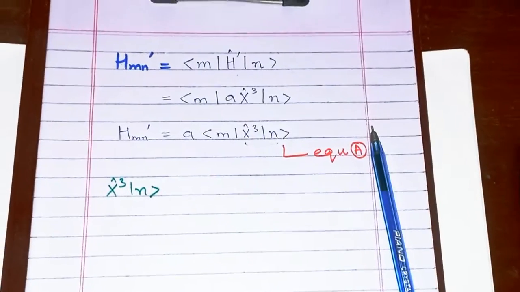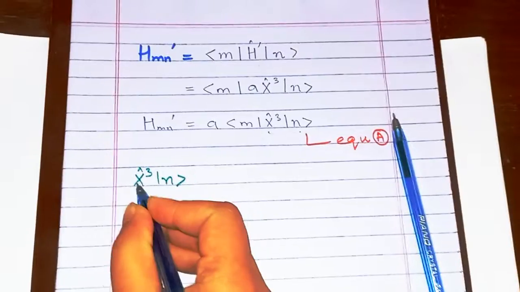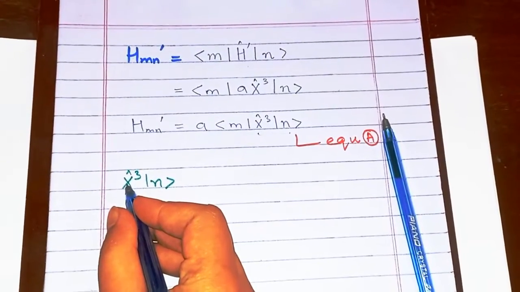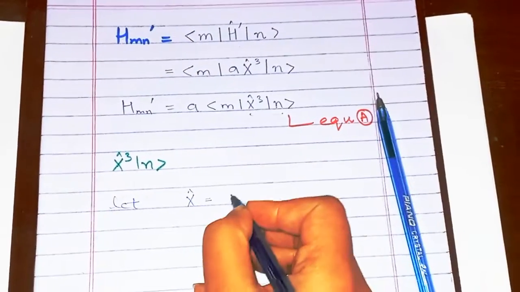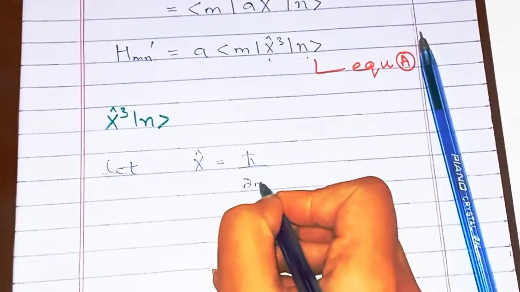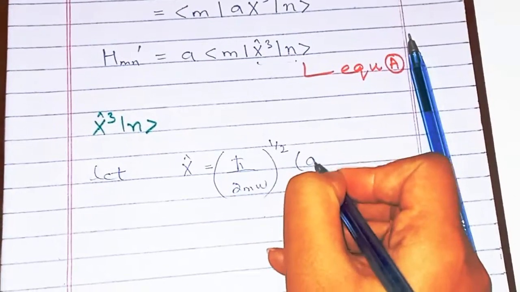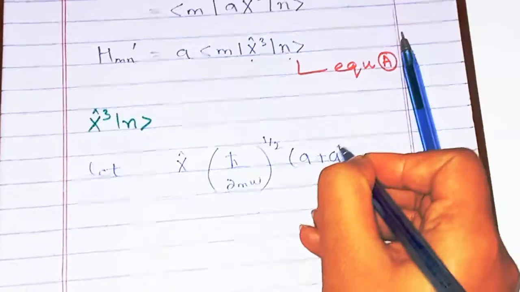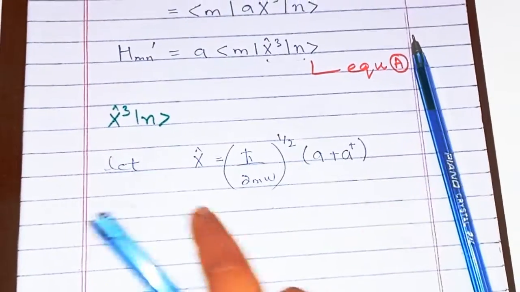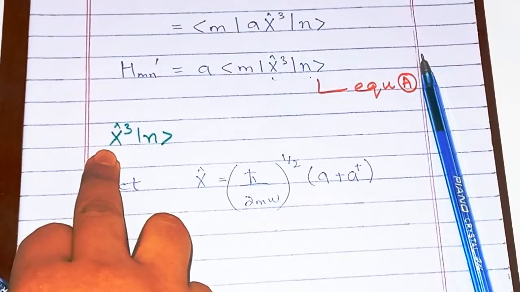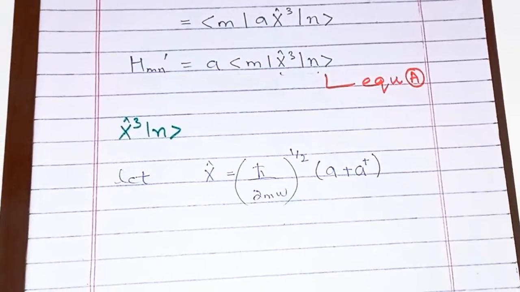So let's calculate this one part first, and for that purpose I'm gonna let this position operator be equal to (ħ/2mω)^(1/2) (a + a†). This is the lowering operator and this is the raising operator. I'm expressing the position operator of the linear harmonic oscillator in terms of the raising and lowering operators. These are actually the ladder operators.